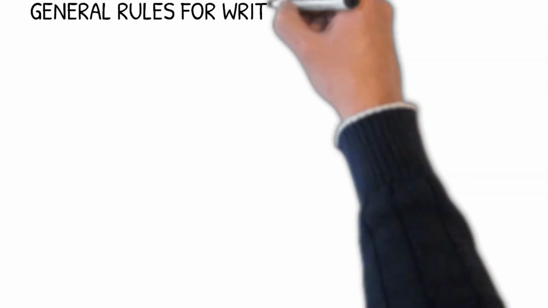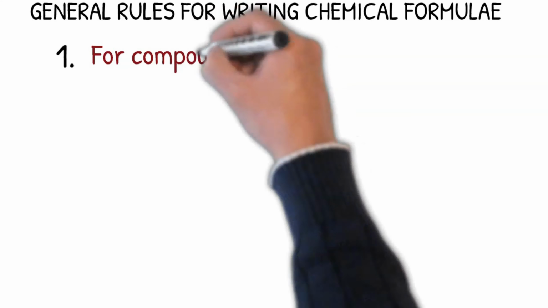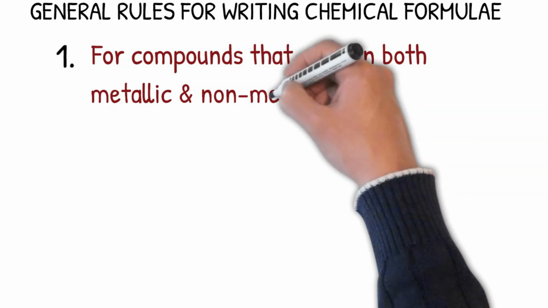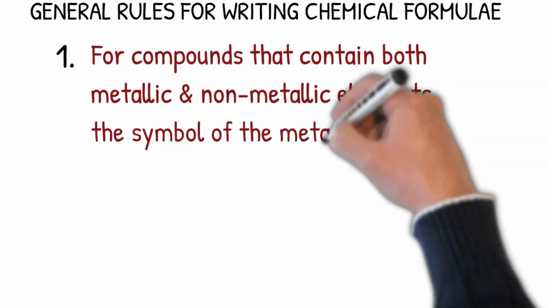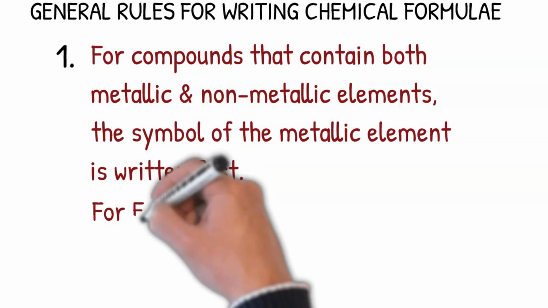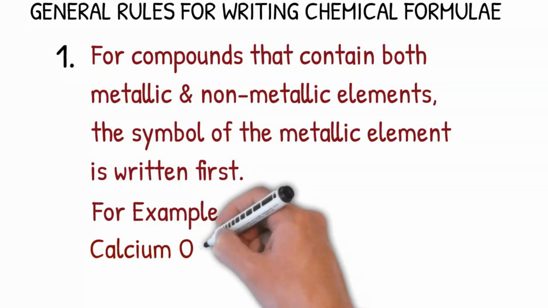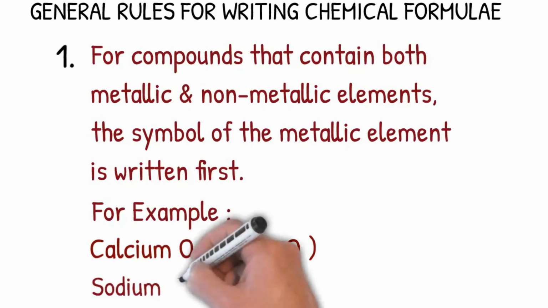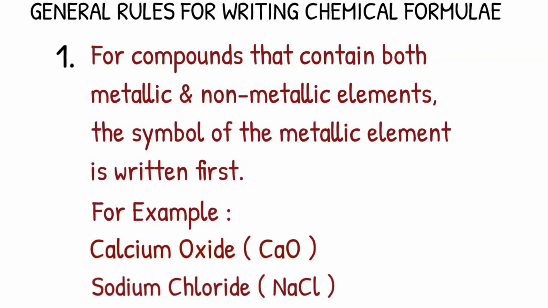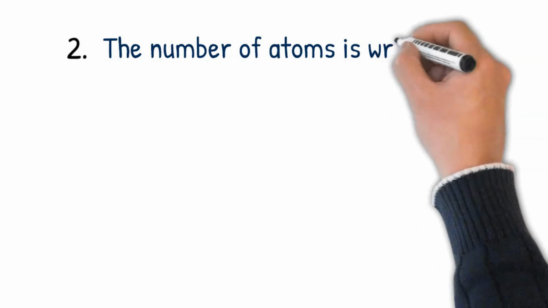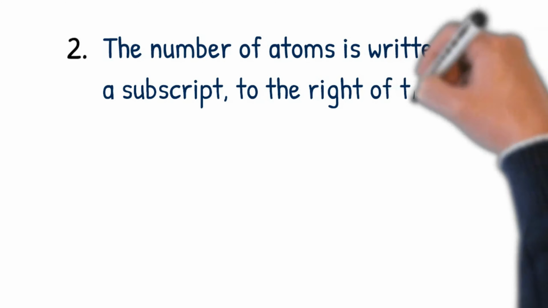General rules for writing chemical formulae. For compounds that contain both metallic and non-metallic elements, the symbol of the metallic element is written first. For example, calcium oxide, CaO, sodium chloride, NaCl. The number of atoms is written as a subscript, to the right of the atom symbol.